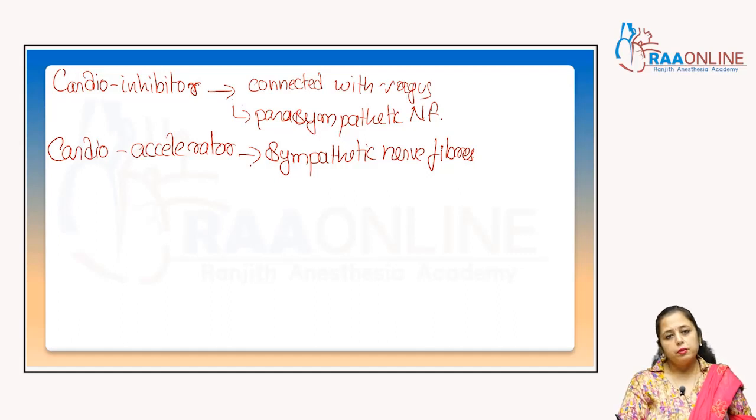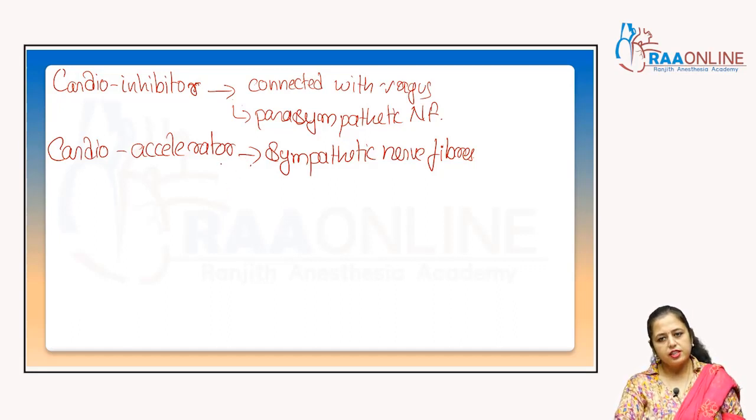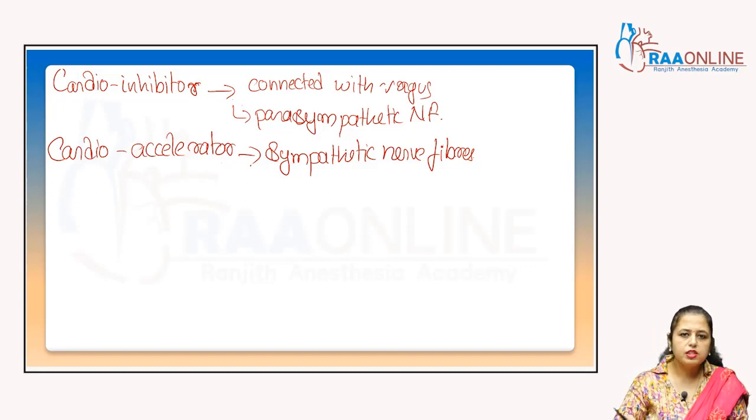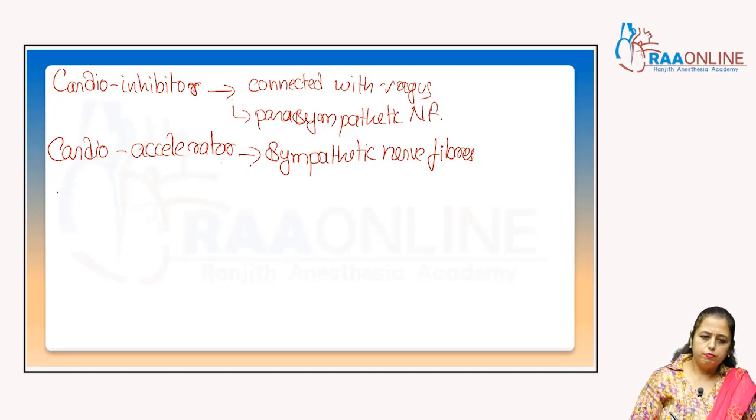When the heartbeat is reduced, as in bradycardia, the cardio accelerator maintains the heartbeat and increases the heart rate. So it accelerates the sympathetic nerve fibers to increase the heart rate, right? So this is the neural regulation.